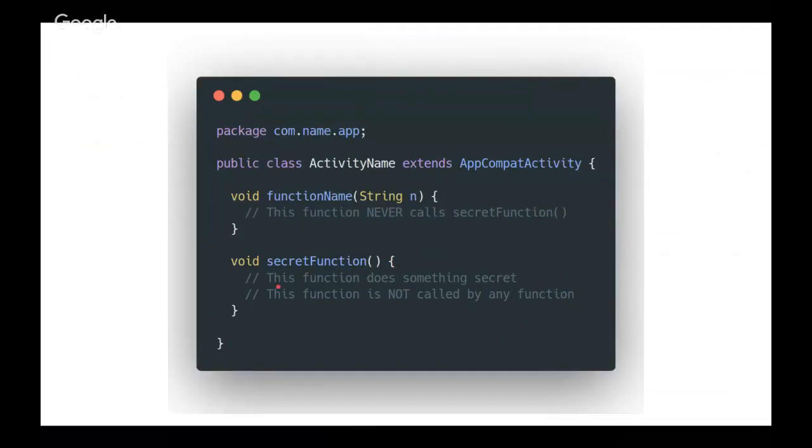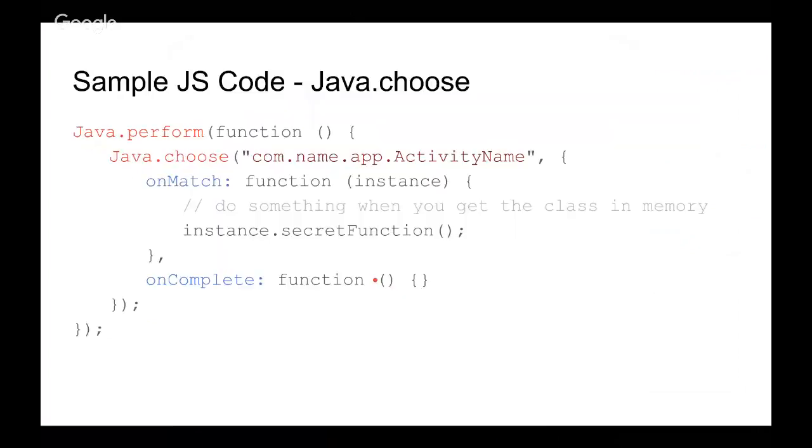You have a secret function, you had the function name which gets executed, but none of these functions is going to call the secret function. This secret function gets called only if some logic is met, or may not be called at all. This is how Java.choose works: on match, you have the definition of what you are going to do, and on complete.